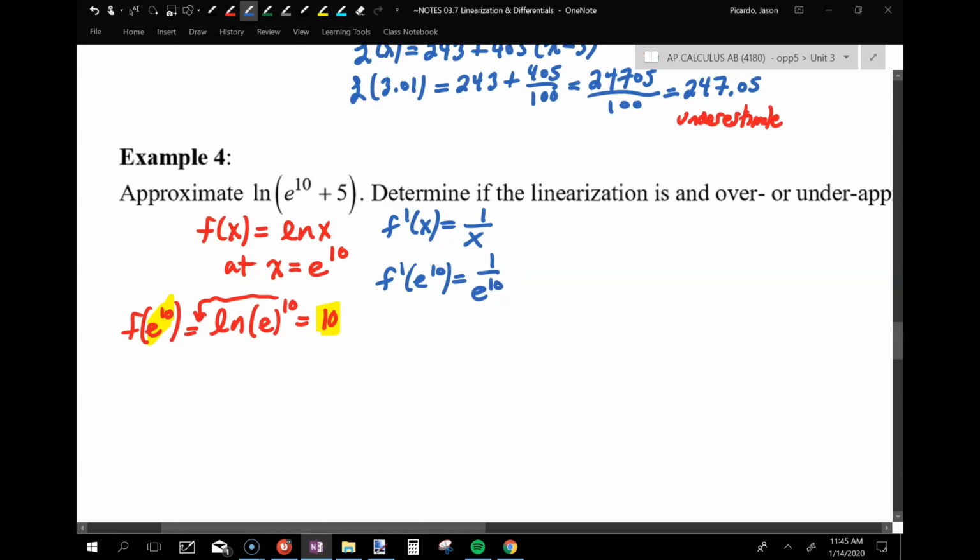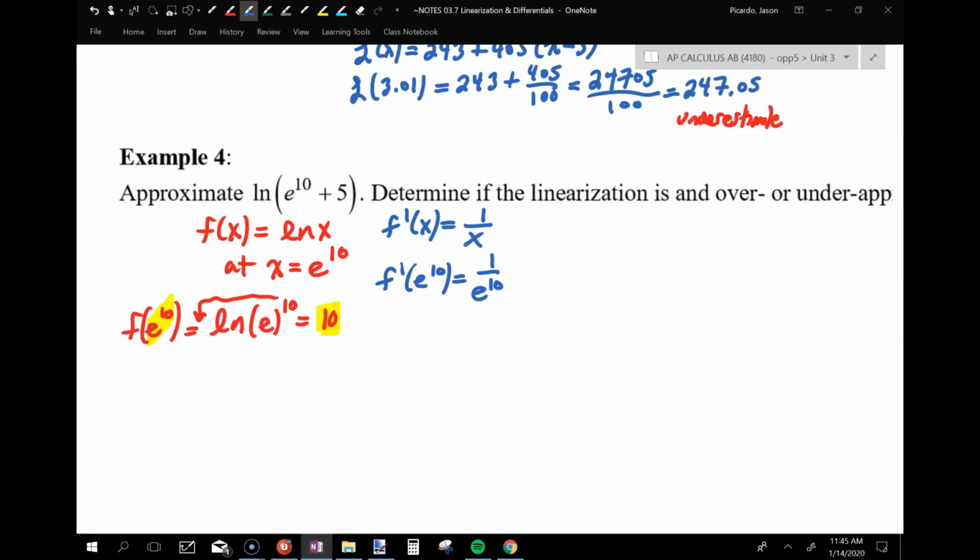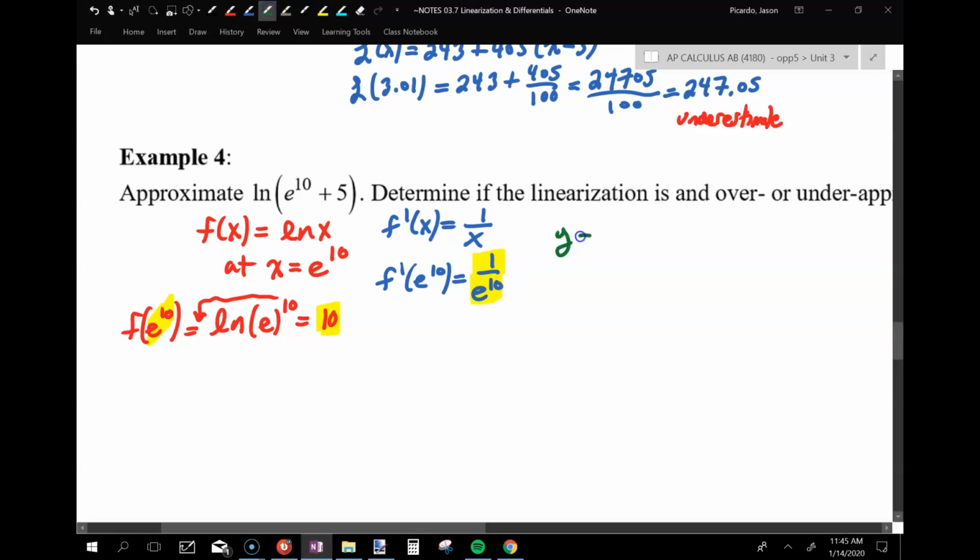That gives me everything I need to build my tangent equation, doesn't it? I got my slope. I got my point. So my tangent is y minus 10 equals this. Which means my L of x equation is this.